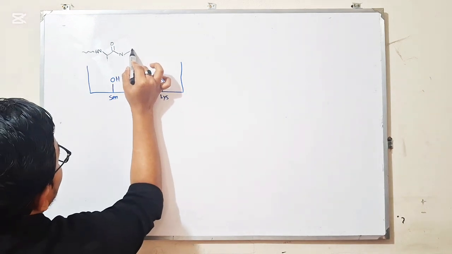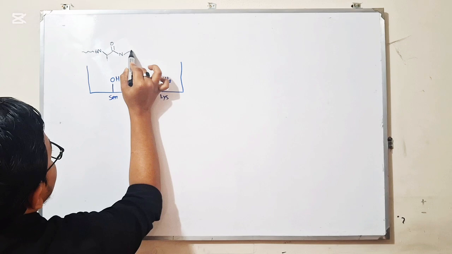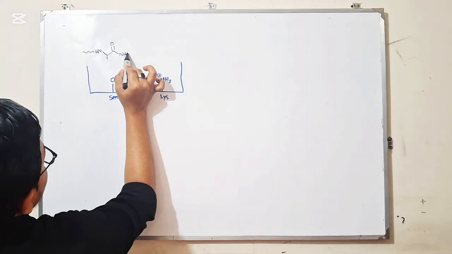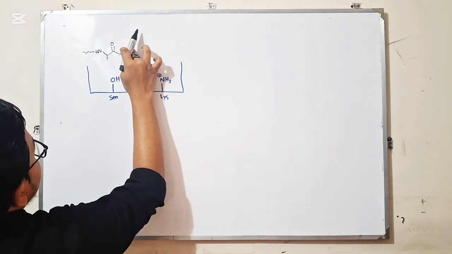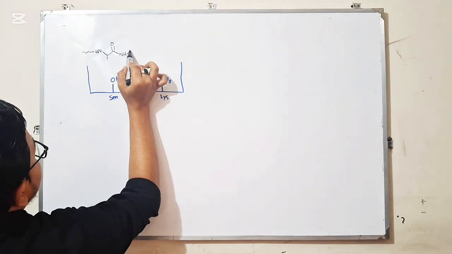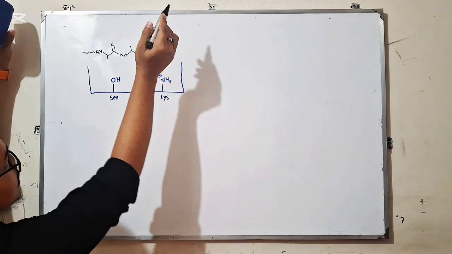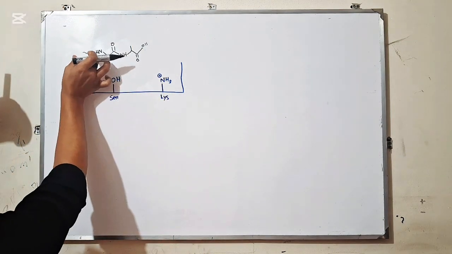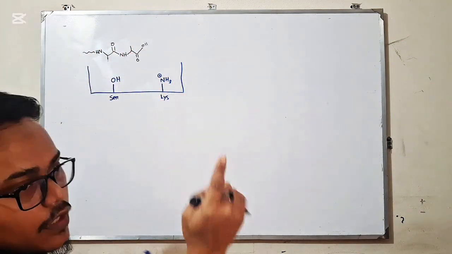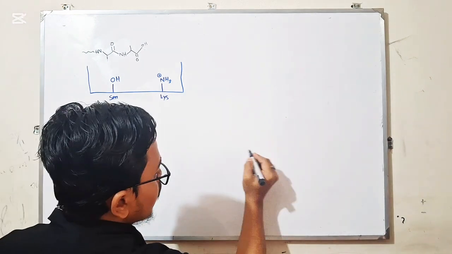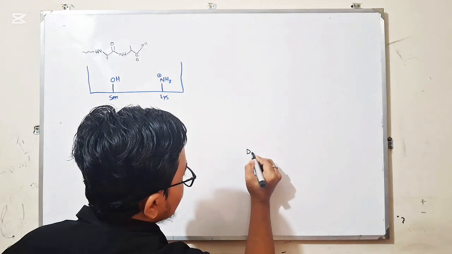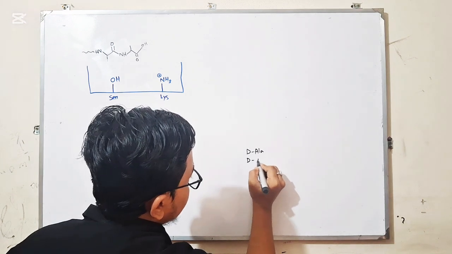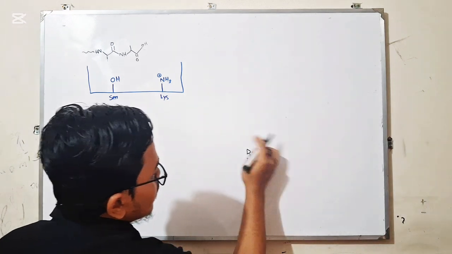Hope all of you are understanding well. As I wrote before, the last two amino acids of the peptide chain are basically D-alanine.